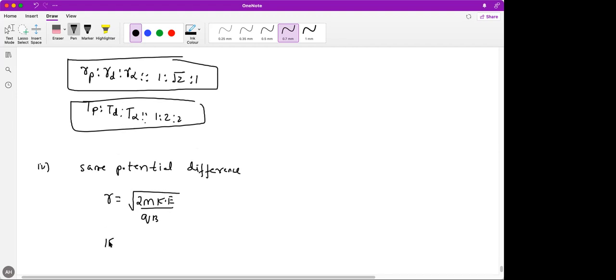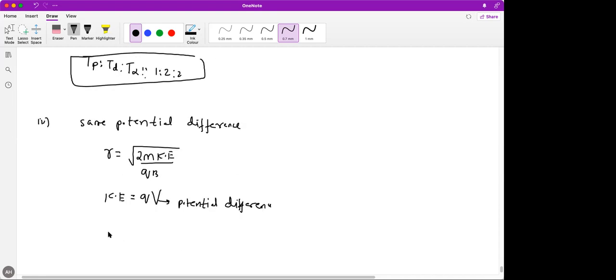You can write kinetic energy as Q into V, where V is potential difference.